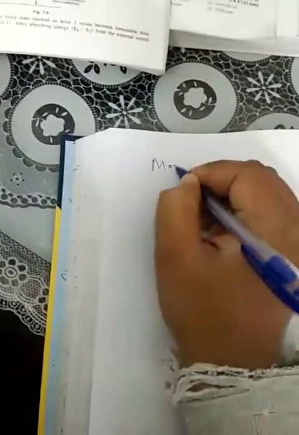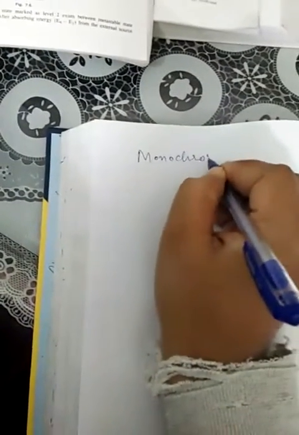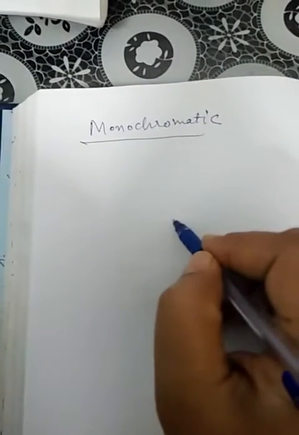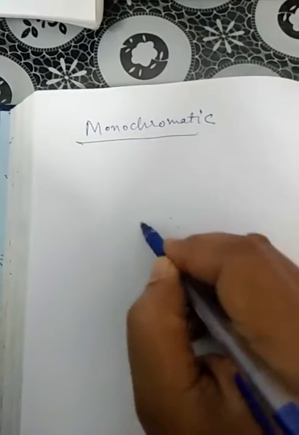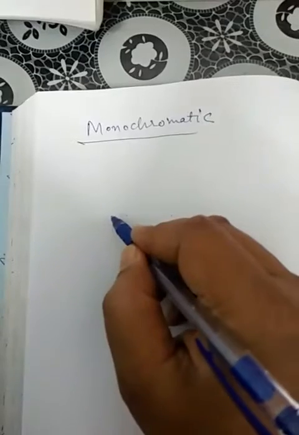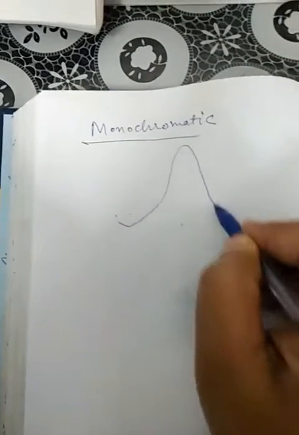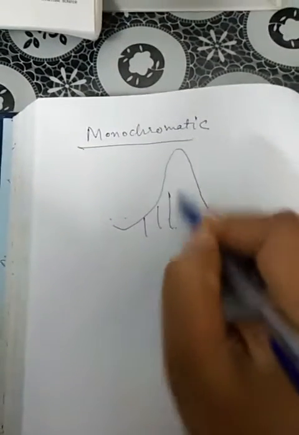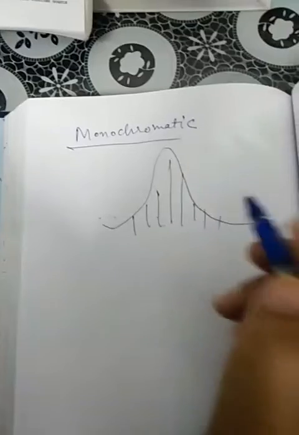Now, monochromatic, what does it mean? Monochromatic means the light should be of a single frequency. Whatever normal source of light we take emits pulses, which means a wide range of frequencies are emitted.